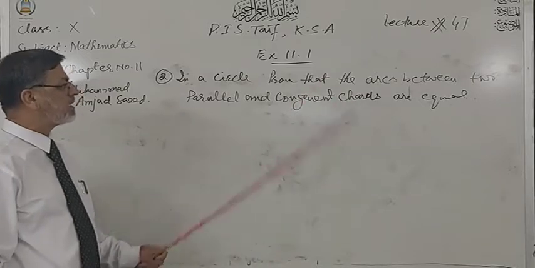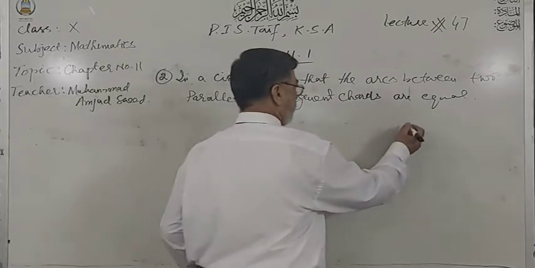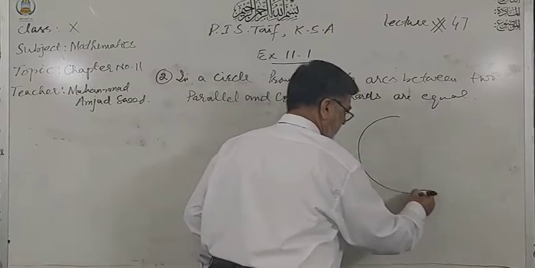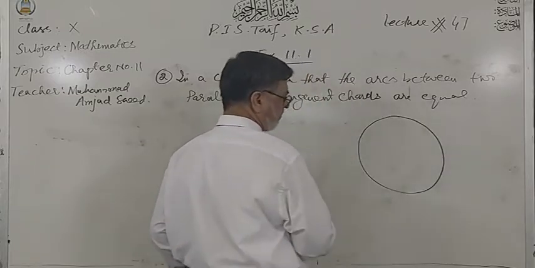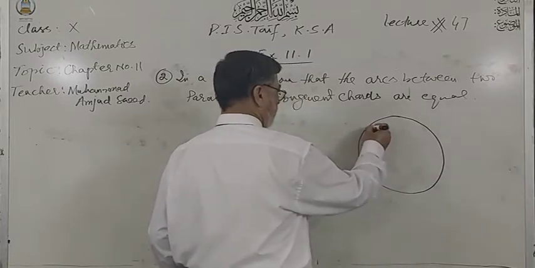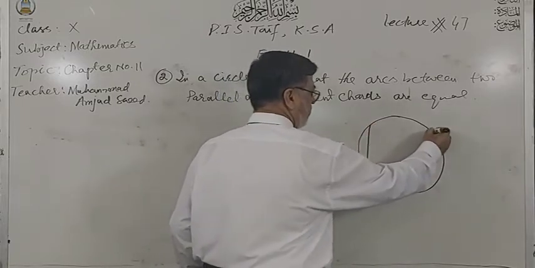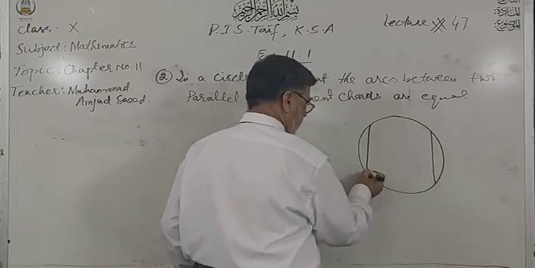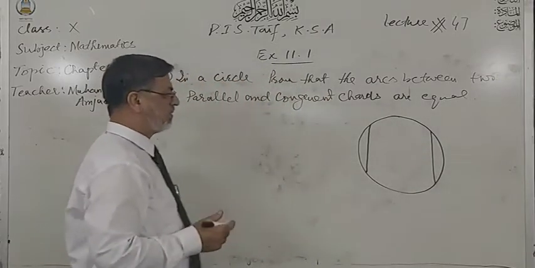Up to here, this is given. Here is the circle. These are two parallel and congruent or equal chords.